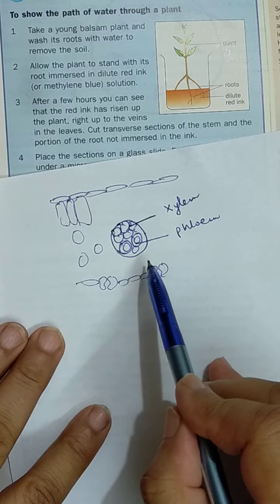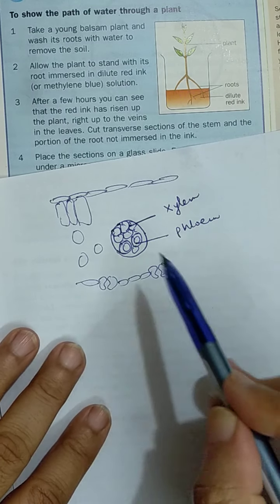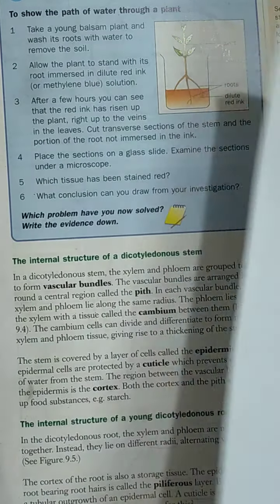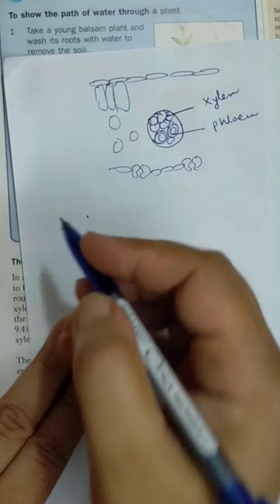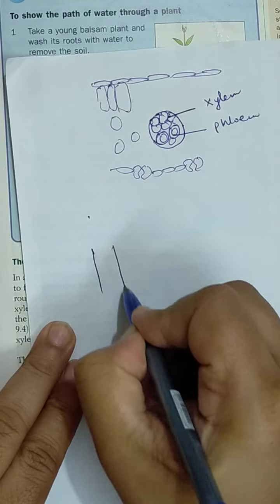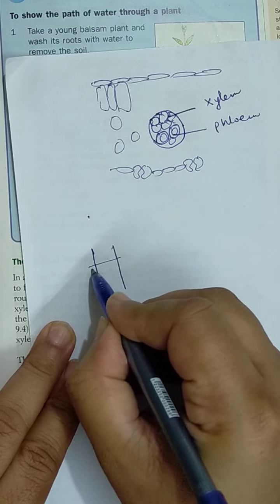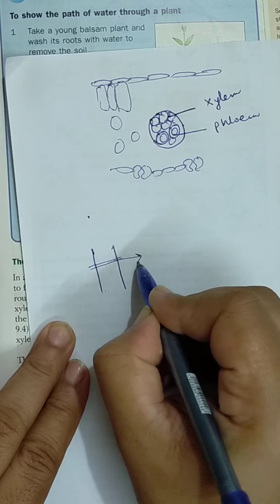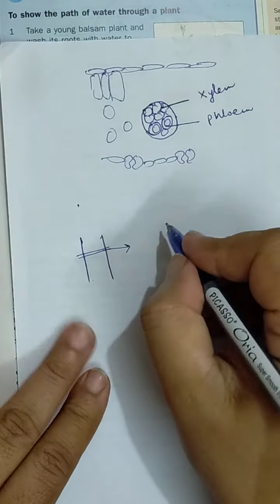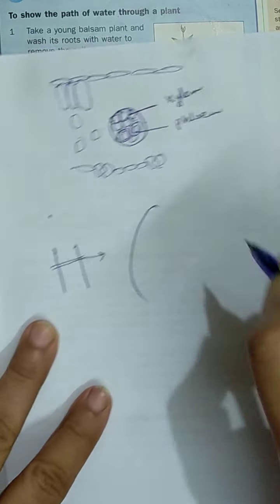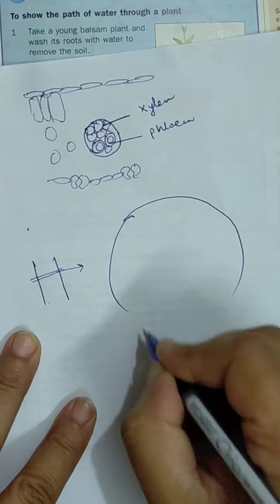But now when we study the arrangement in the stem, this arrangement is different. For example, this one is a stem, and if we take its transverse section like this, we will draw the transverse section here.